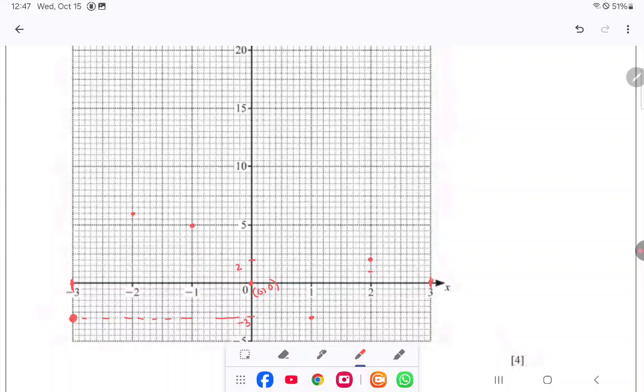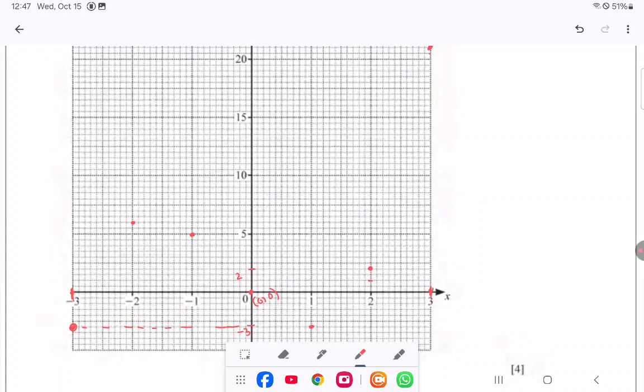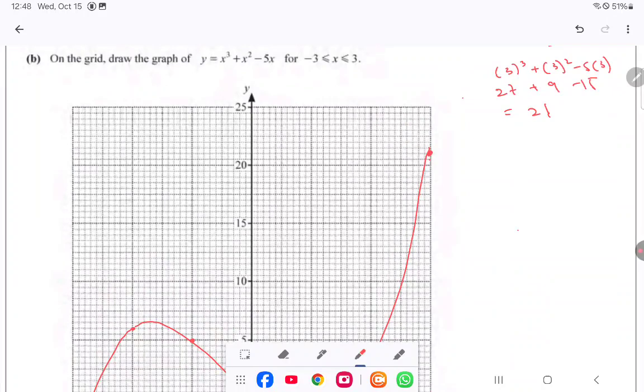If you put all the points and form a graph, the graph will be something like this. Some curve like this will be formed, and this is the solution of our B part.